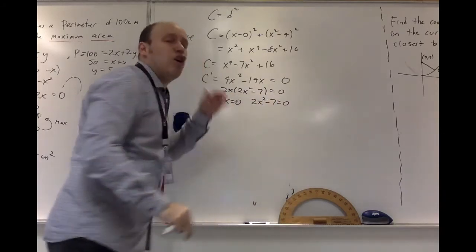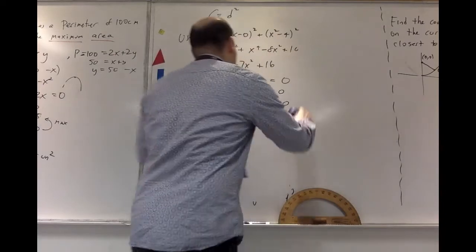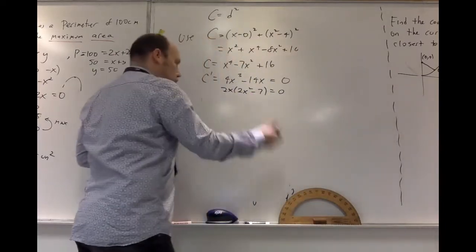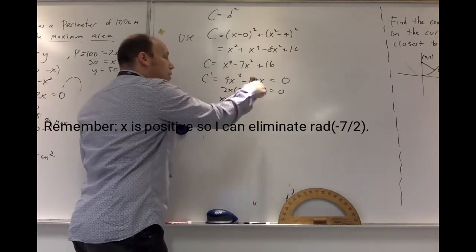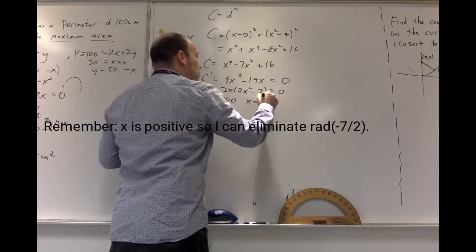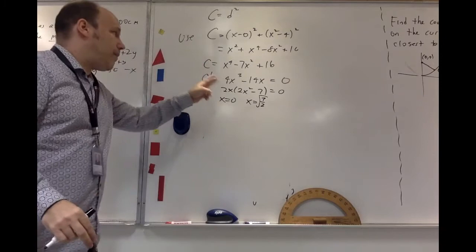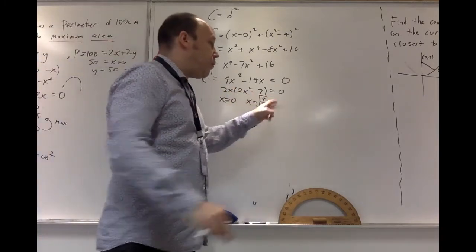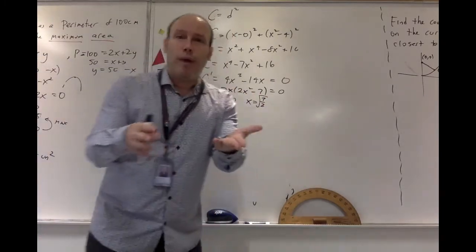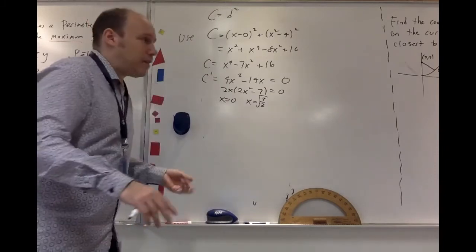And if you're a good math student, you know what? Skip this. Just so you know, x equals 0, and x equals the square root of 7 over 2. Why am I skipping this step? Because, well, we got the same answers. Let's see what's the next thing we have to do.